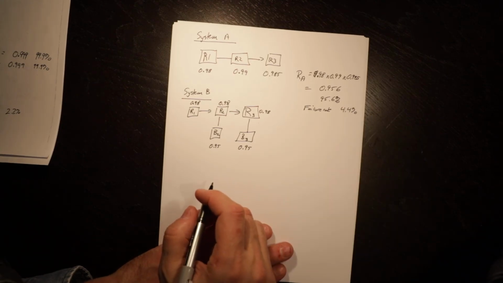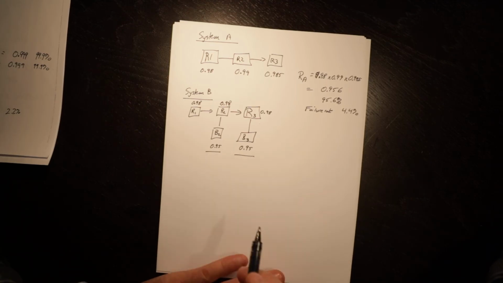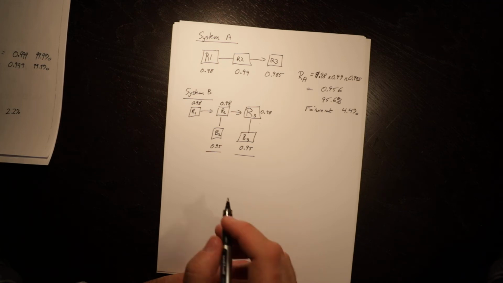So then, do you think system B is going to be more or less reliable? Well, let's do the calculations. In this circumstance, we look at the parallel components in the series first.